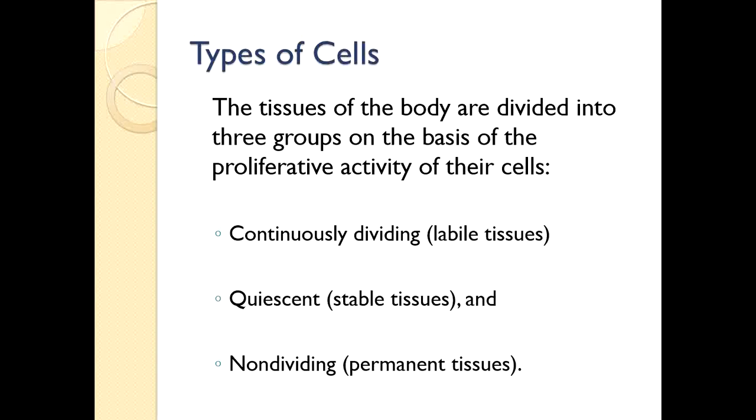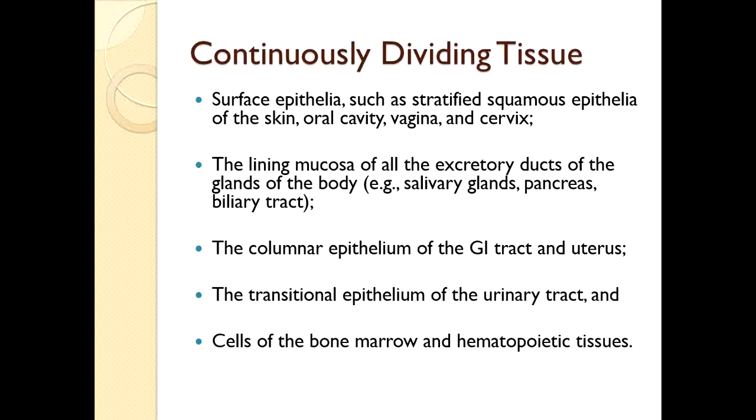So as the name indicates, the continuously dividing tissues are those tissues which do not require a stimulus to undergo division. These tissues are continuously being utilized and continuously being replenished and replaced by newly formed cells and tissues.